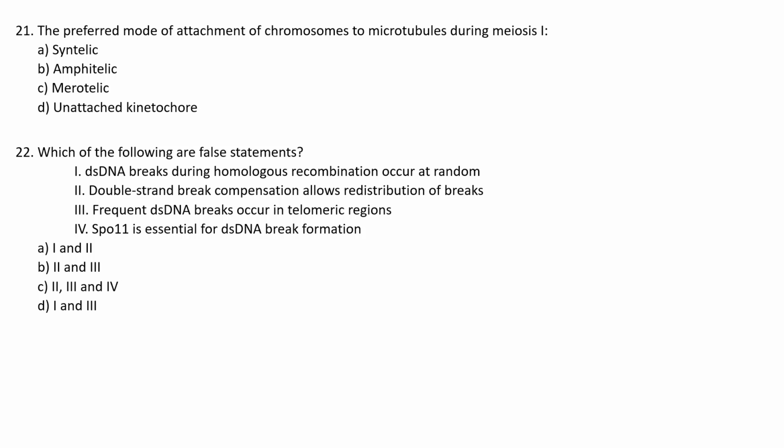Double strand break compensation allows redistribution of breaks. It was taught in the process of regulating meiosis that these ds-DNA breaks don't occur randomly. They occur at specific regions and they're not too close by. Also, with the help of ds-DNA break interference, they make sure these spots are not too close to one another.